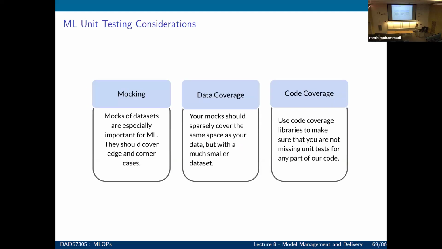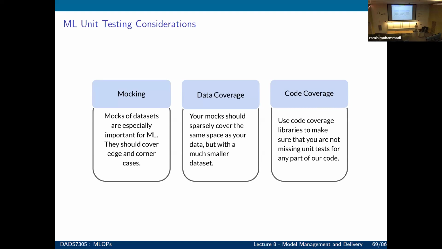When it comes to unit testing, there are also some techniques like mocking that we discussed in the other lab. You don't necessarily need to actually do a certain operation, you can mock the process. As part of mocking, you need to check for data coverage. That means if you have a data set, find the edge cases and test for edge cases and a series of random data points in between.